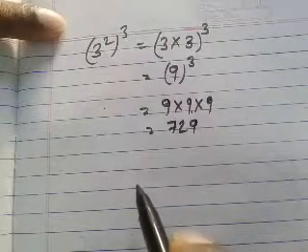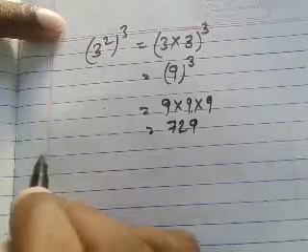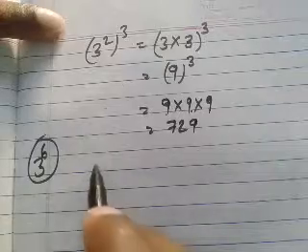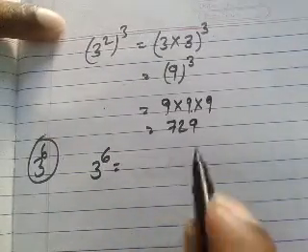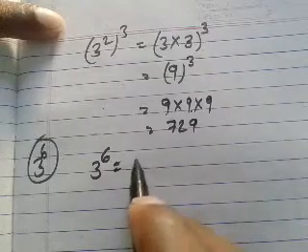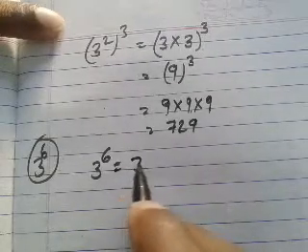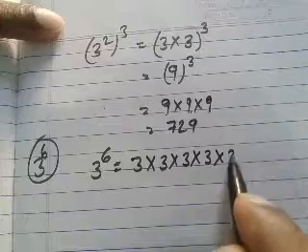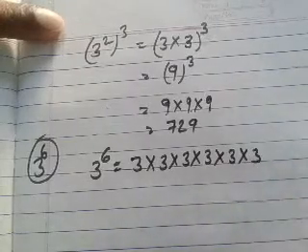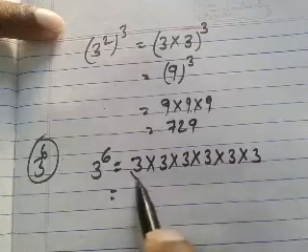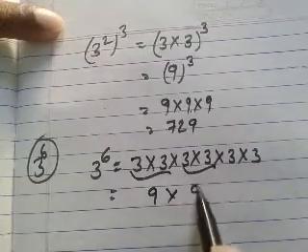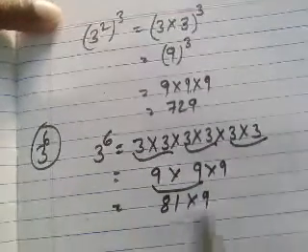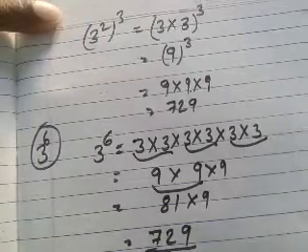And in this question our answer will be 3 raised to the power 6. So if you find 3 raised to the power 6, write 3 six times: 3 multiplied by 3 multiplied by 3, up to 3 six times. Now multiply this. 3 threes are 9, 3 threes are 9, 3 threes are 9, and 9 nines are 81, and again it comes to 729.